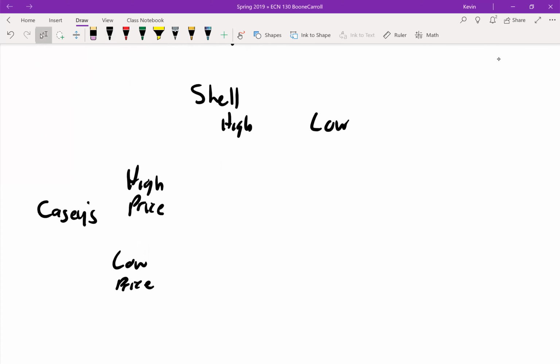And we'll see if they both choose a high price, suppose they both get, say, $7 million of profit. However, if Casey's decides to go low, more people will shop there.